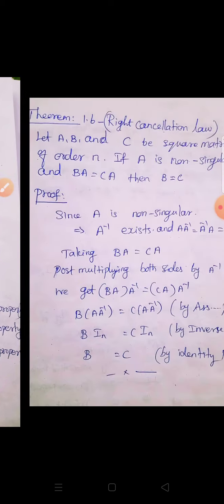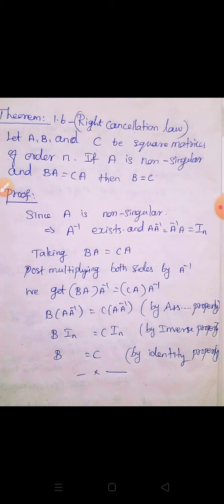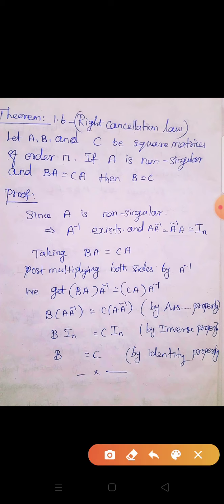Okay, finished. Next, we are going to prove the sixth theorem, the right cancellation law. It is the same as the left cancellation law, with the same properties, but the difference is the word right side: the right cancellation law. Same statement: A, B, C are square matrices of order n.